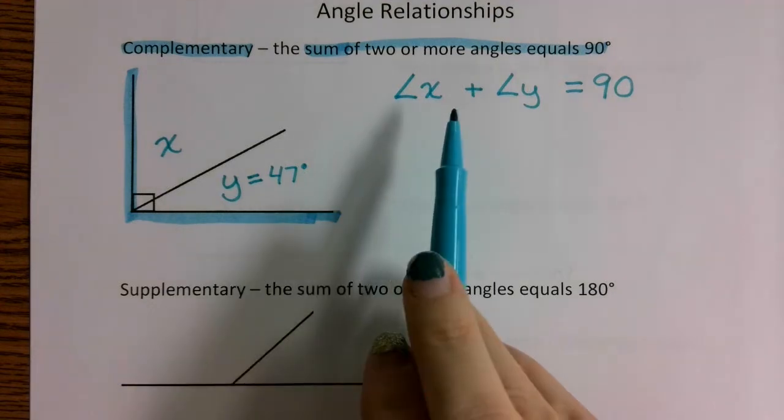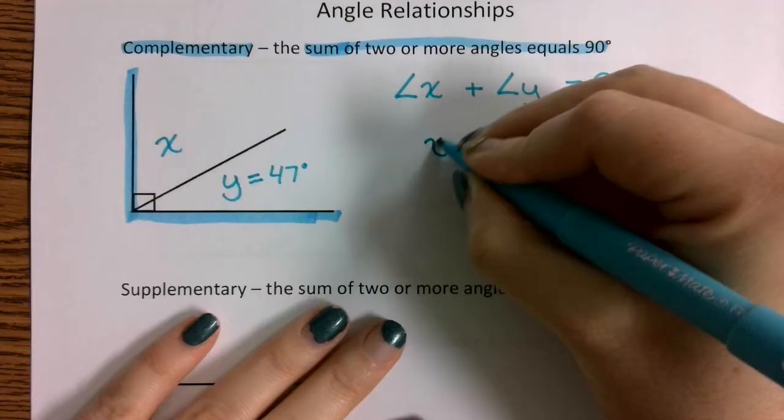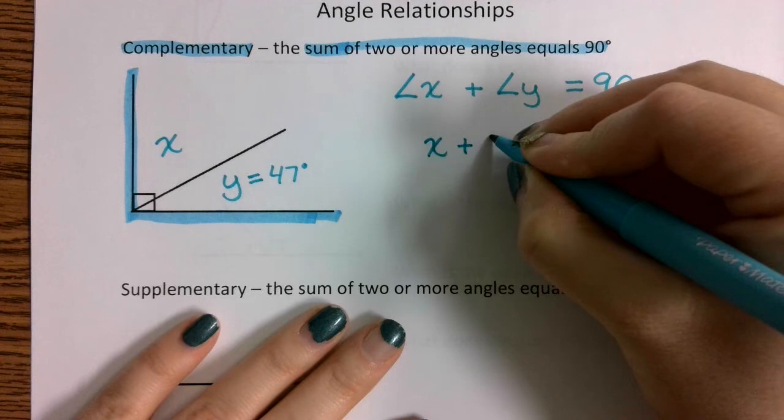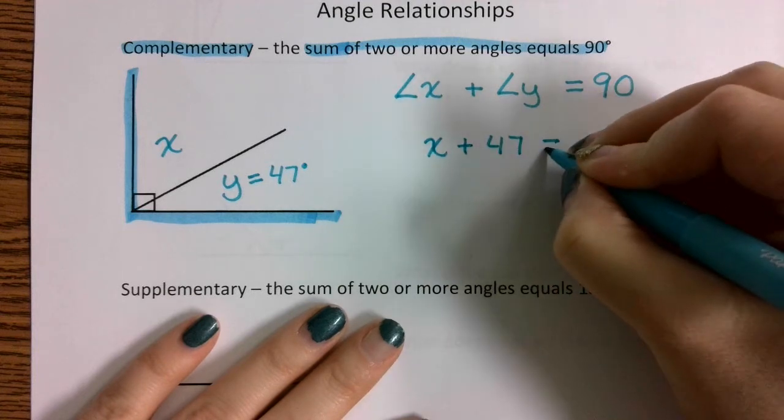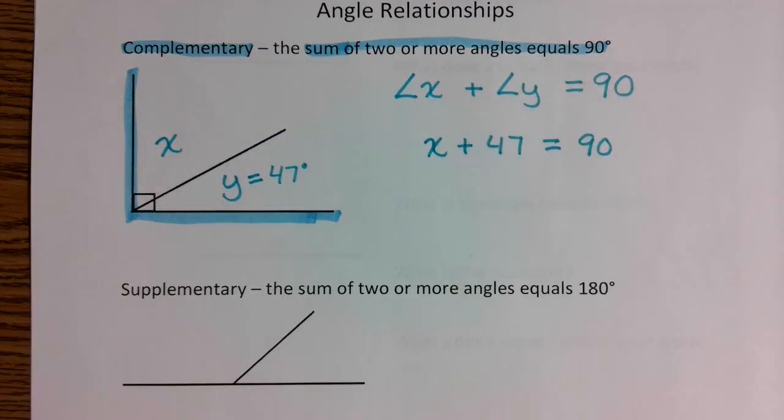I already know that if I say X plus Y is equal to 90, and I now know what the measurement of Y is, then I can say that X plus 47 is equal to 90. That's an equation.